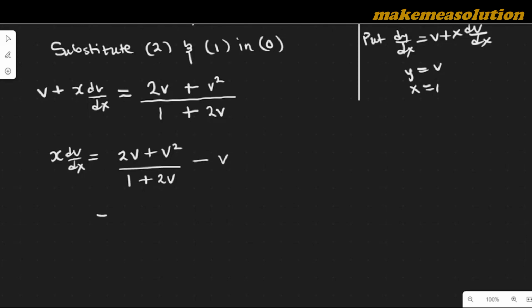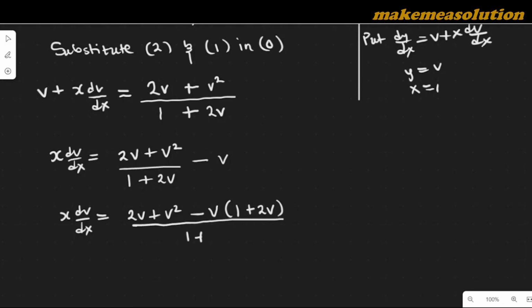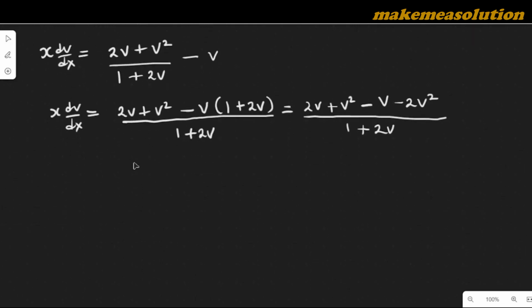Then this will give me x dv/dx is 2v plus v squared minus v into 1 plus 2v, over 1 plus 2v. So open bracket very carefully: 2v plus v squared minus v minus 2v squared over 1 plus 2v. So that's right, let's keep going like this.